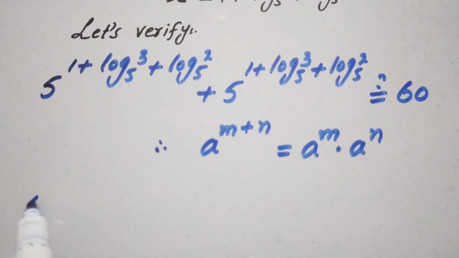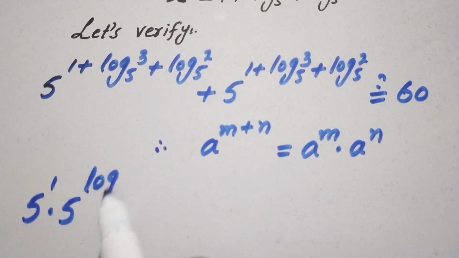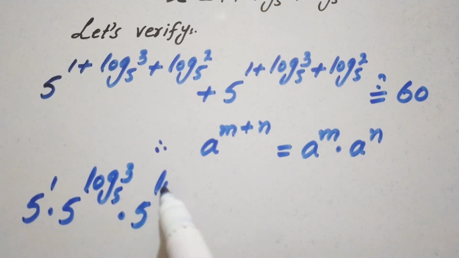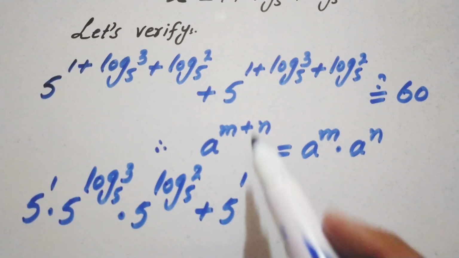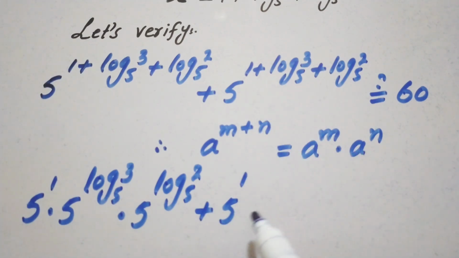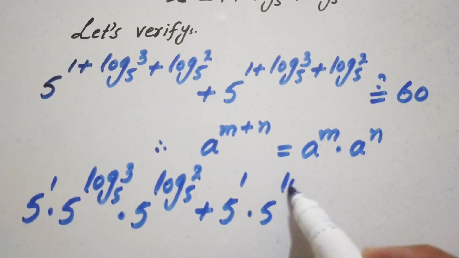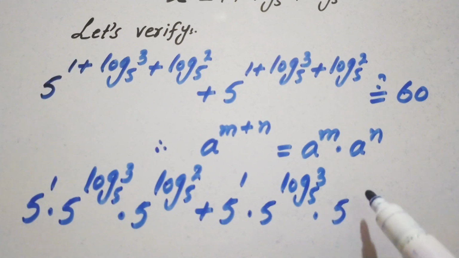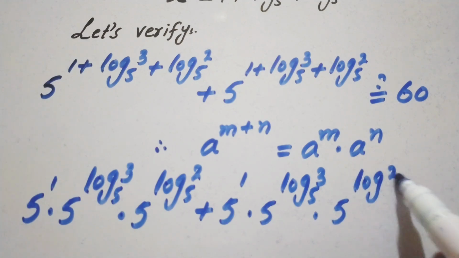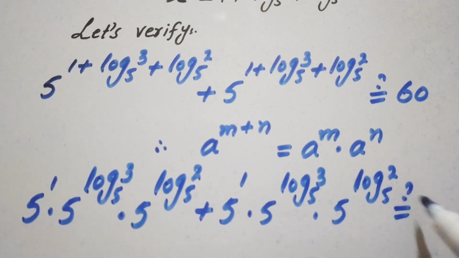So this will become 5 power 1 multiplied by 5 power log 3 to the base 5 multiplied by 5 power log 2 to the base 5, plus 5 power 1 multiplied by 5 power log 3 to the base 5 multiplied by 5 power log 2 to the base 5. Whether it is equal or not equal to 60.